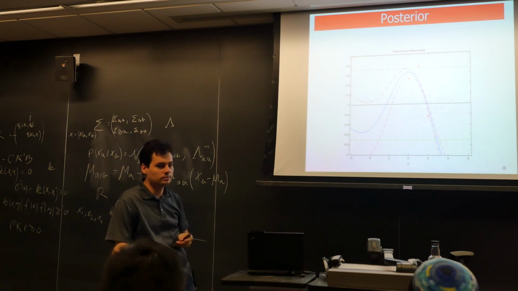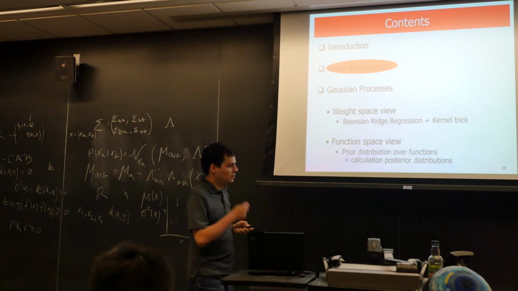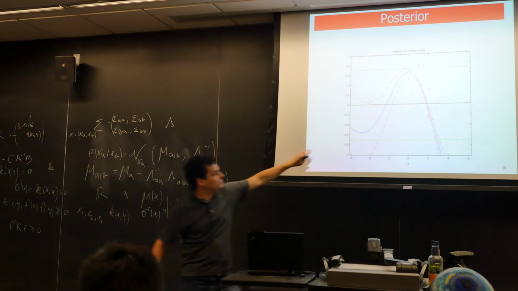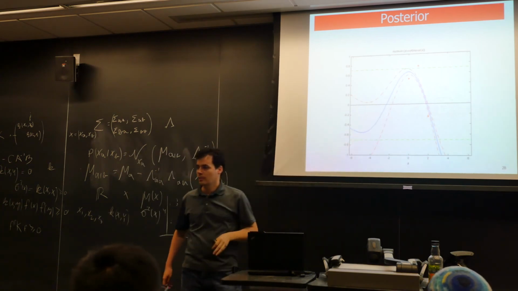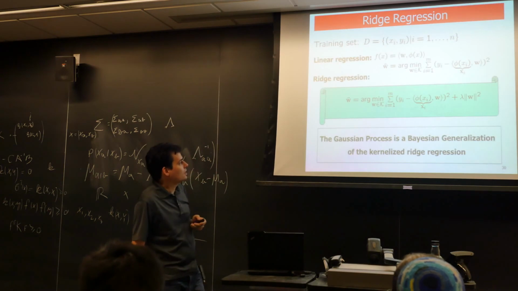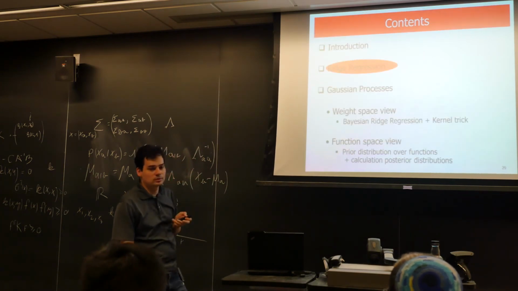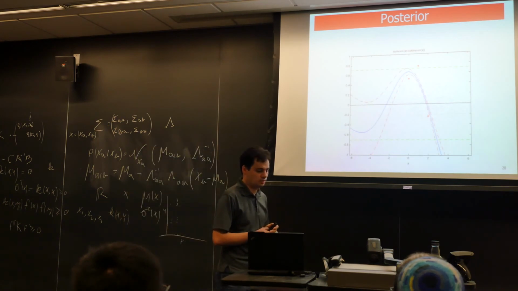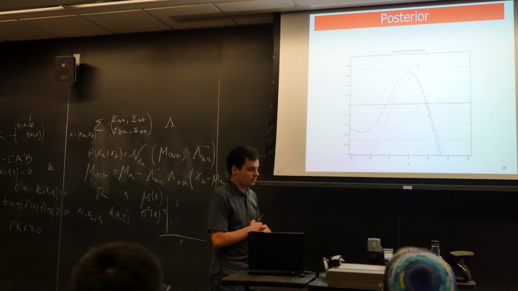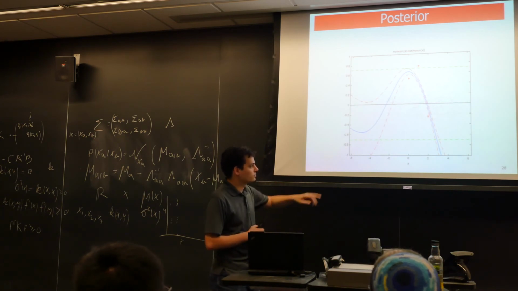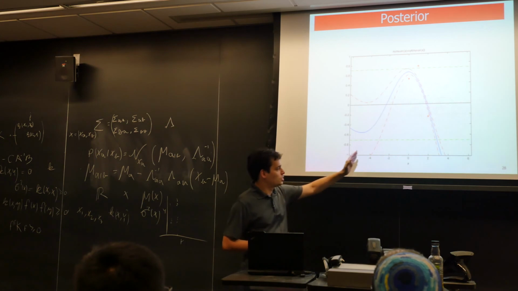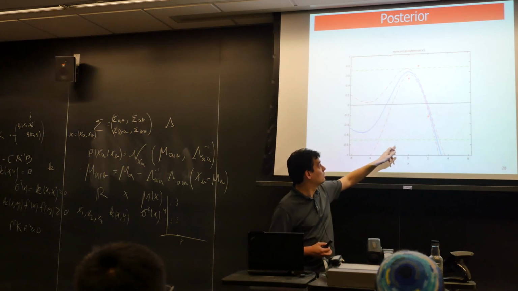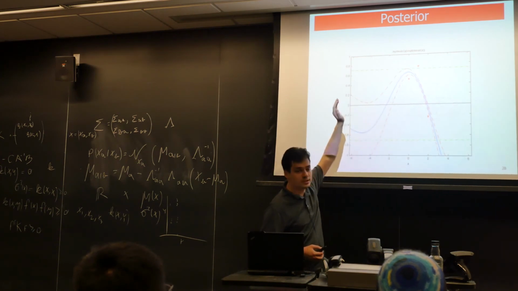Okay, all right, so this is what we want to do. We want to learn how to calculate these mean functions and these covariance functions. At each index there will be a Gaussian distribution.